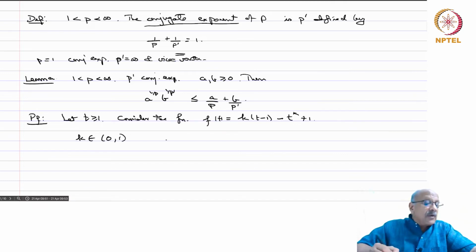What is f dash t? f dash t is equal to k into (1 minus t power k minus 1).